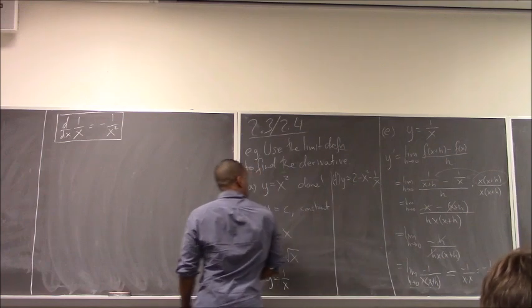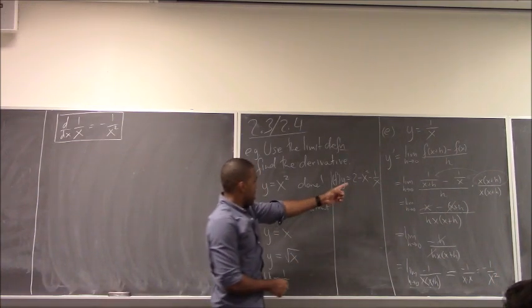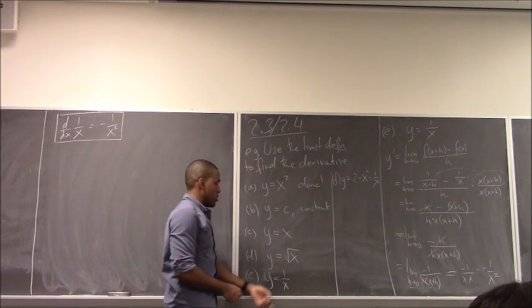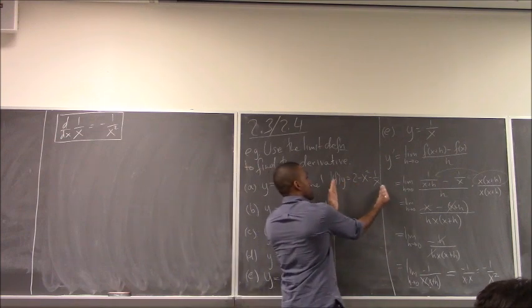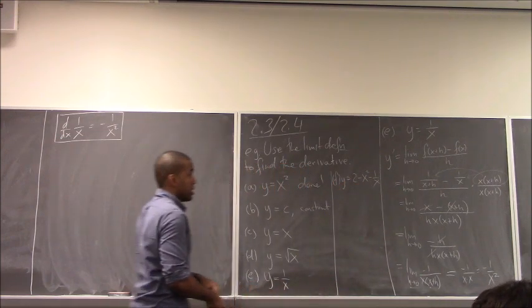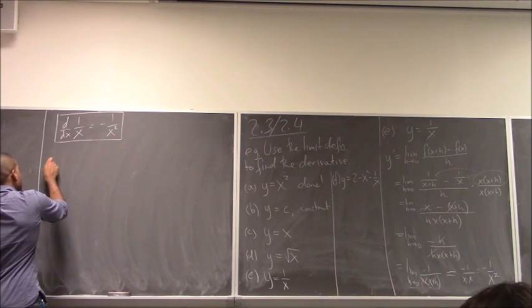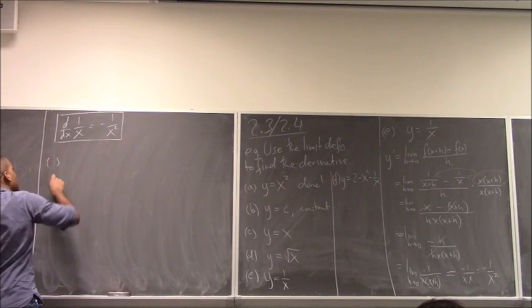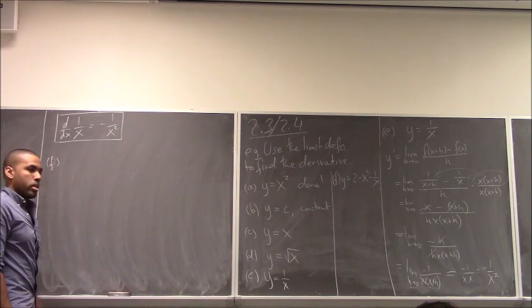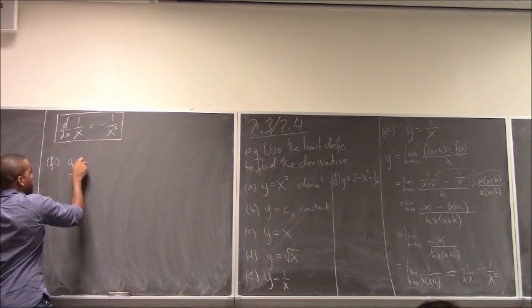So let's go with something like this. This example is the first example that has several terms that we want to differentiate. All the time I was asking you to differentiate one function. Here we're differentiating a bunch of functions being added together. So let's actually look at something like that case. This is going to illustrate a rule that I'm going to tell you about next class, called the sum rule for derivatives.